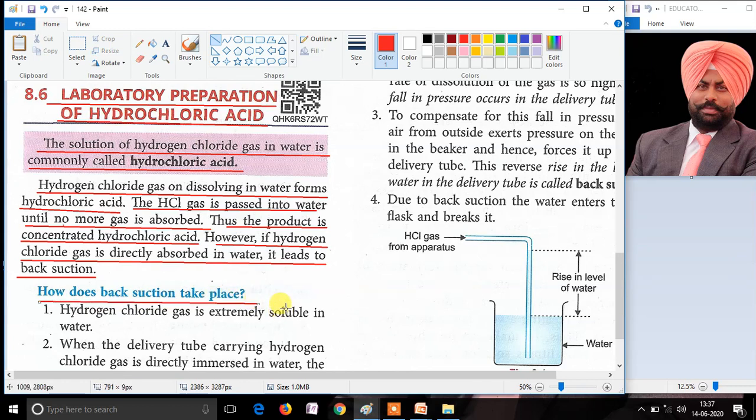Here the reasons are being given for why back suction took place.